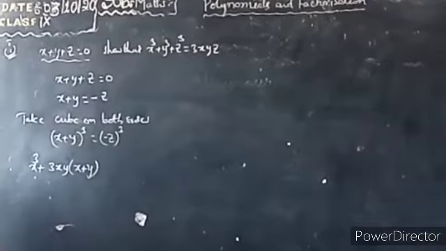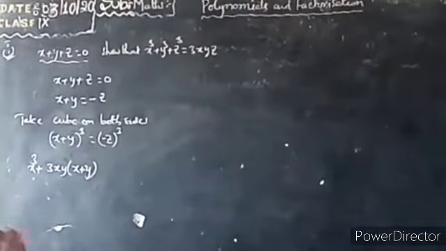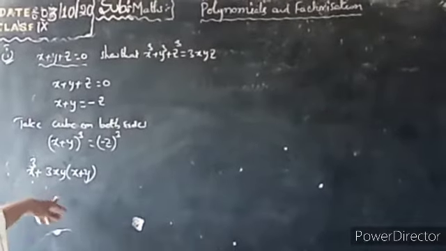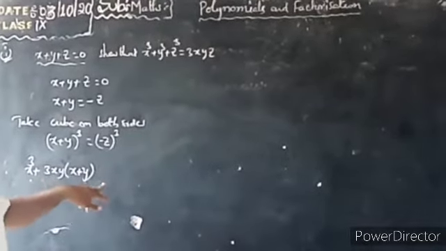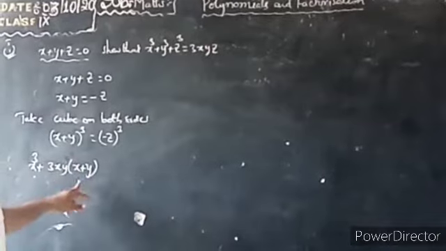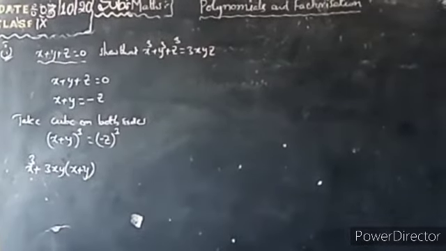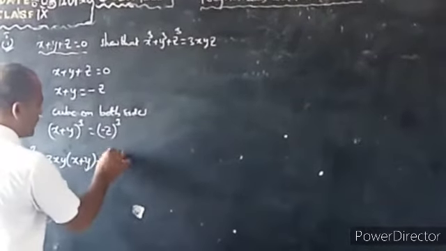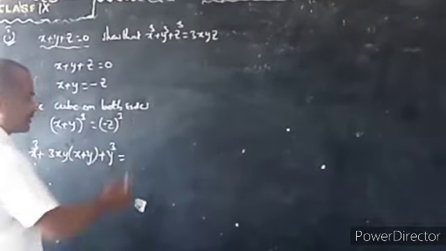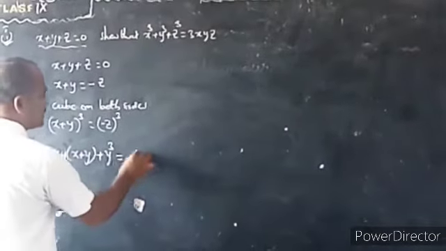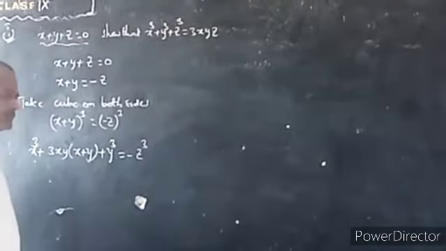You may write it another way, as we learned two forms of this identity: x cube plus 3x square y plus 3xy square plus y cube. In that, xy is common, so taking xy common we get x cube plus 3xy(x plus y) plus y cube, which is equal to minus z whole cube. Minus into minus into minus again gives minus, so it is minus z cube.